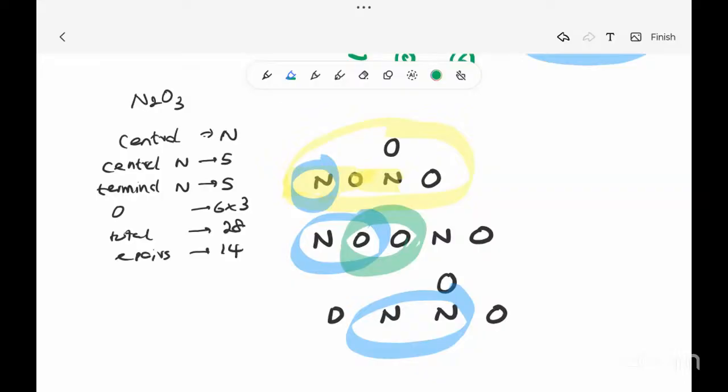Only a single bond is possible. Right? Only a single bond is possible here. So an oxygen-oxygen single bond is unstable in chemistry.